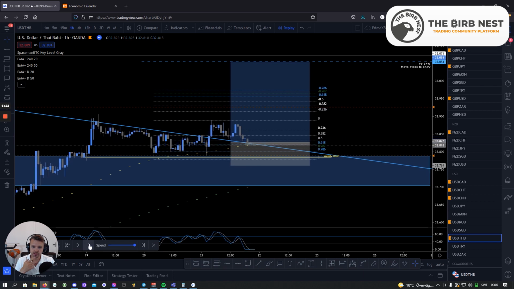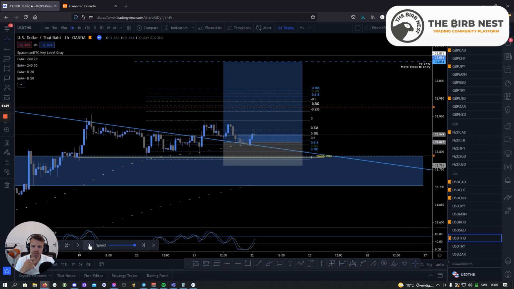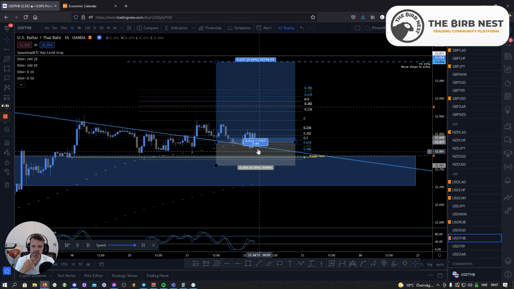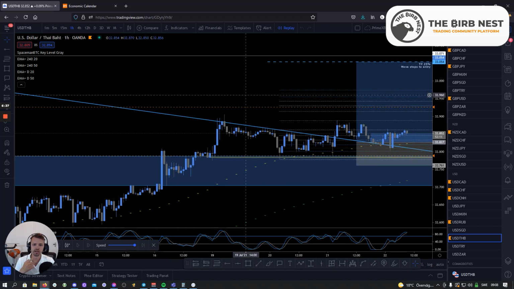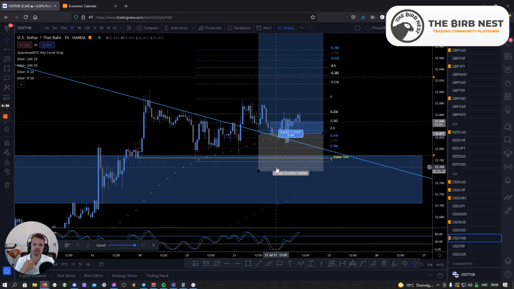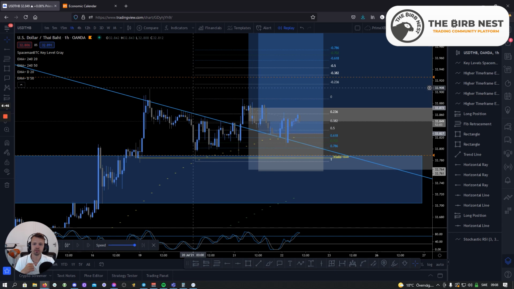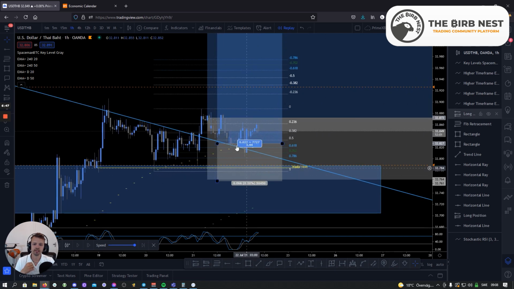You then have a dip down into the 618 of the RLC and the 4-hour 20 EMA. And then all the way down, it hit the midpoint of the RLC perfectly right there. And this is where we are right now.